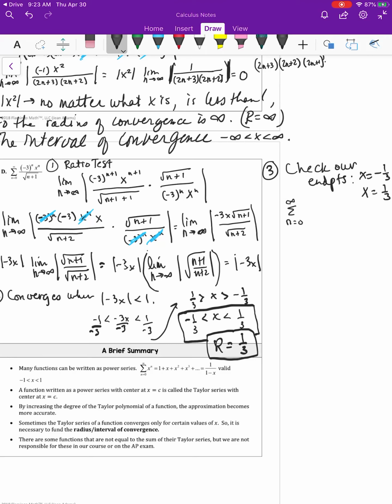So I go and I say summation. This one's n equals 0 to infinity. Which one are we doing first? Let's do x equals negative 1/3 first, sorry. This one is going to be negative 3 to the n times negative 1/3 to the n over the square root of n plus 1.